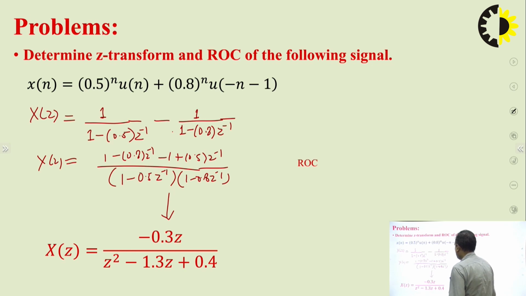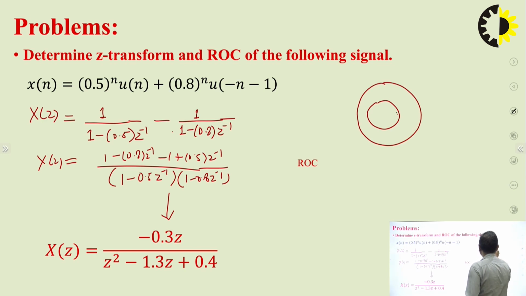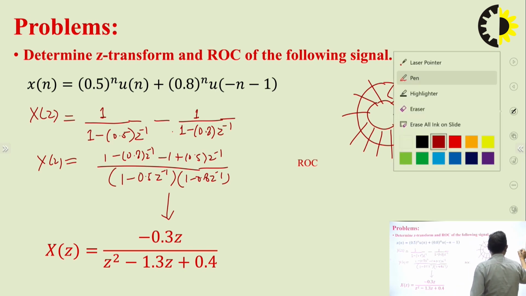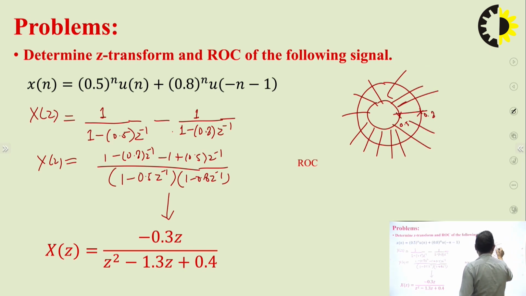Here in this case, what is the ROC? Poles are at 0.5 and 0.8. You can see this is the pole at 0.5 and this is the pole at 0.8. For this one the ROC is outside, and for this one the ROC is inside.